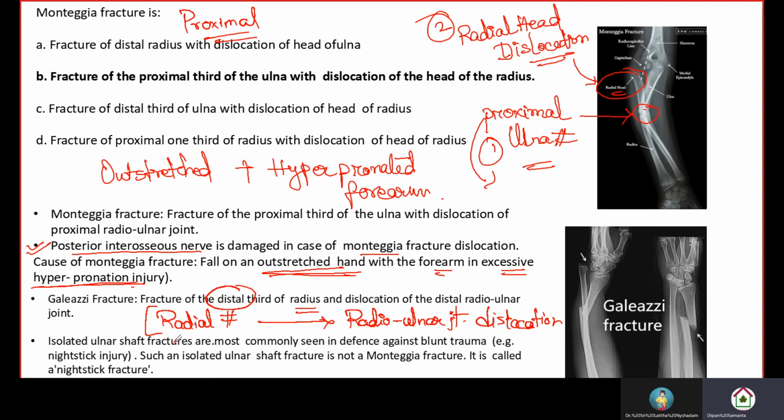Distal radius fracture is occurring, leading to dislocation of the radioulnar joint at the distal portion. Distal radioulnar joint dislocation is occurring. Everything is distal. Monteggia is proximal, Galeazzi is distal.